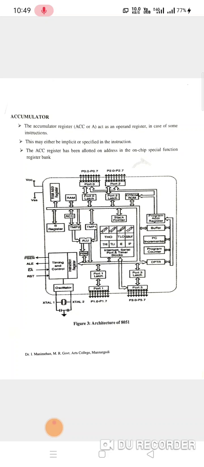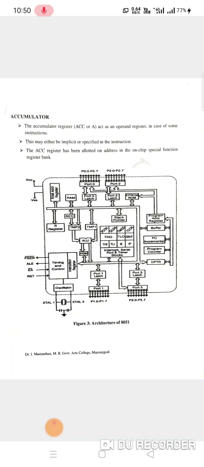This may either be implicit or specified in the instruction. Just like the instruction CMA, complement accumulator, it is implicit, and ANA, AND accumulator, like that.